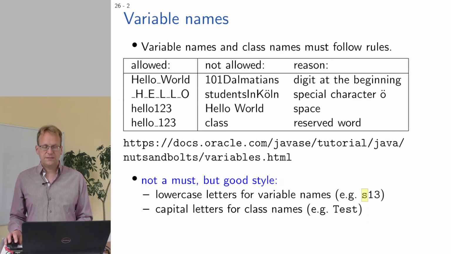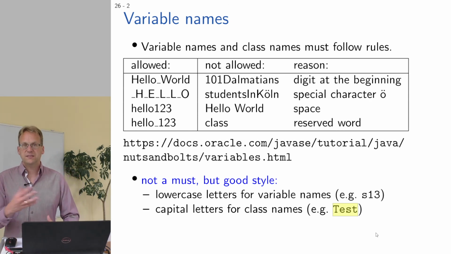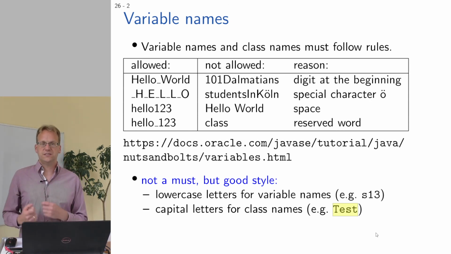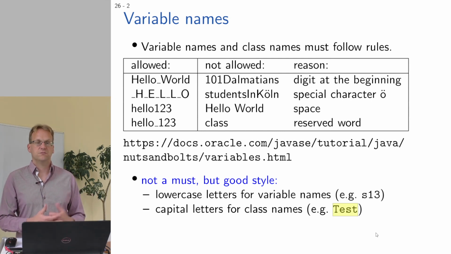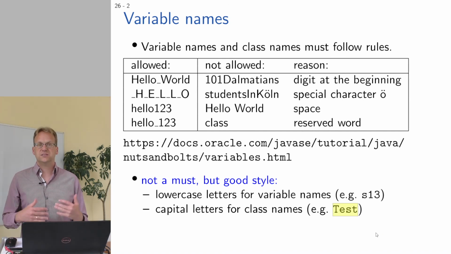And capital letters should be used for class names, for example for the class Test. That makes it very easy then to differentiate between classes and variables, of course. If it is lowercase, that's a variable. If it's uppercase, it's a class. But that's just a recommendation.